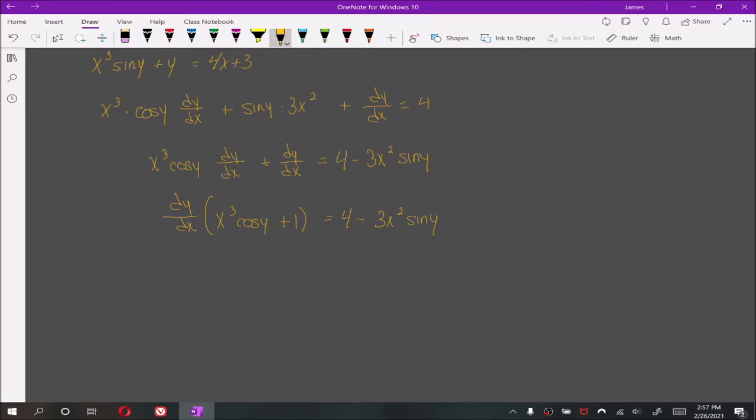And finally, we can now divide to isolate dy/dx. And that would be our dy/dx.